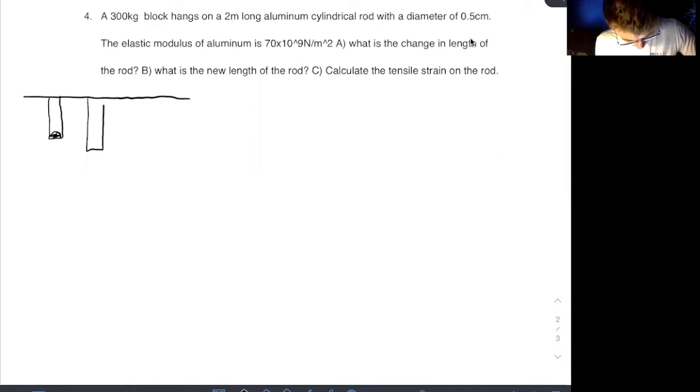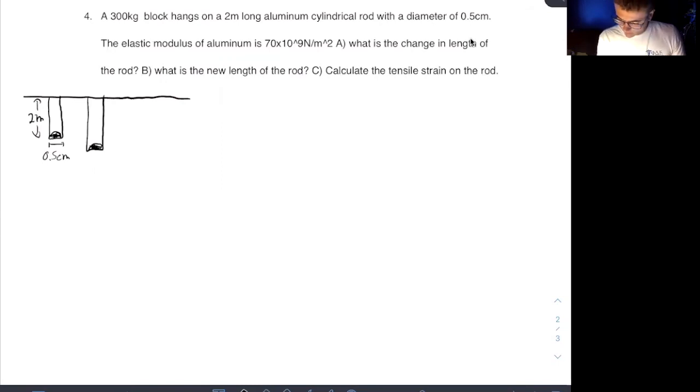So this is the new rod after it's stretched, after we add that block to it. Originally, it's 2 meters long, and it has a diameter of 0.5 centimeters. And then it has the Y value of 70 times 10 to the power of 9.